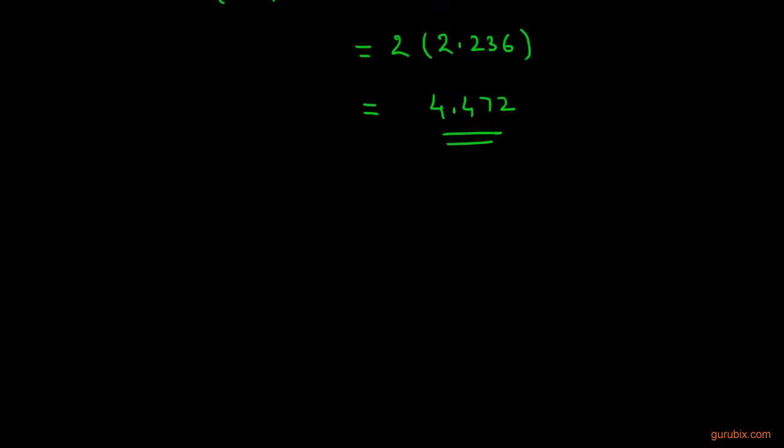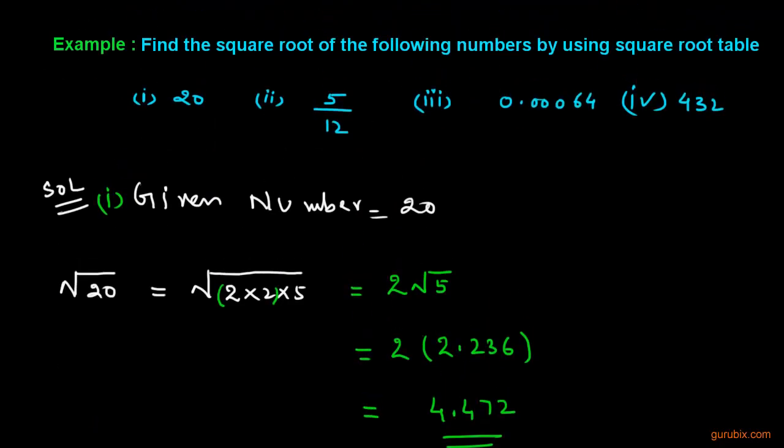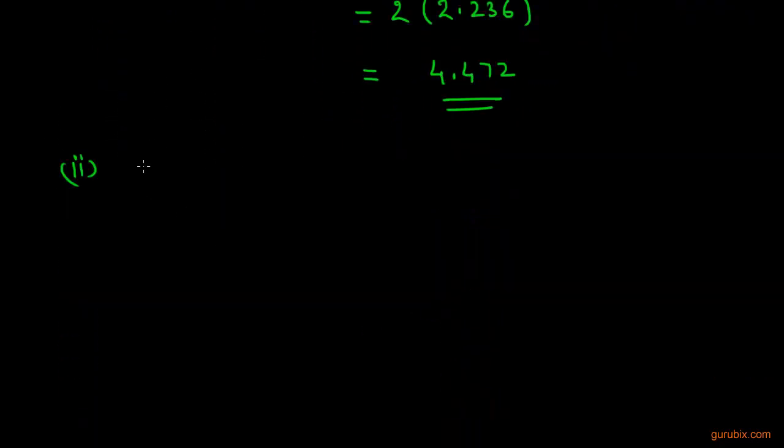Now we shall move to the second part. In the second part we have to find the square root of 5 over 12. We can write this value like this: root 5 over root 12.